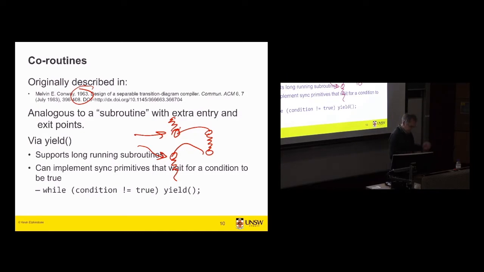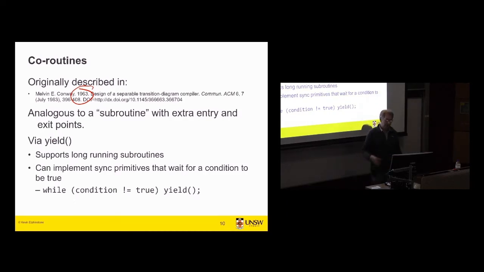The idea behind this is that it can now allow us to support long-running subroutines, i.e. long-running handlers. What's a good example? Imagine in our event-based system, we've got a system call that needs to really run for about 10 minutes.